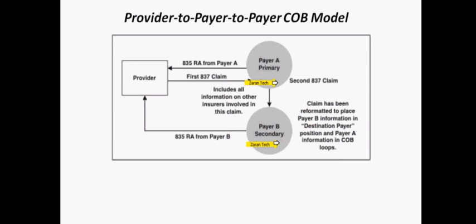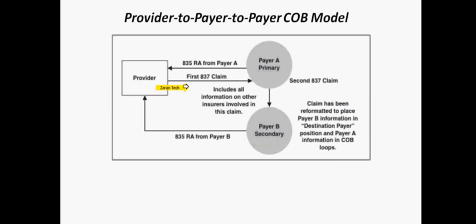That means the payer A will be sending the 837 claim to the payer B. So the payer B will now undergo the adjudication process, and he will process only the portion which has been sent from the payer A. And then the information will be coming back to the provider. So that's how the loop goes on.